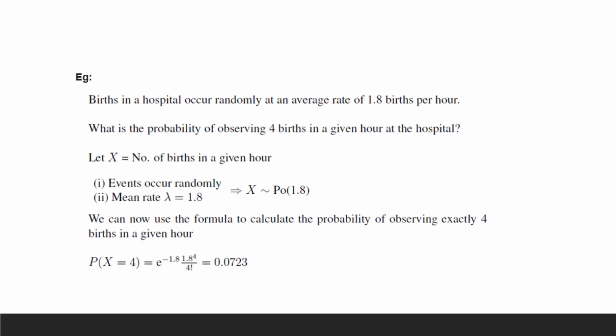Example: births in a hospital occur randomly at an average rate of 1.8 births per hour. What is the average rate for 1 hour? 1.8. What is the probability of observing 4 births in a given hour at the hospital?